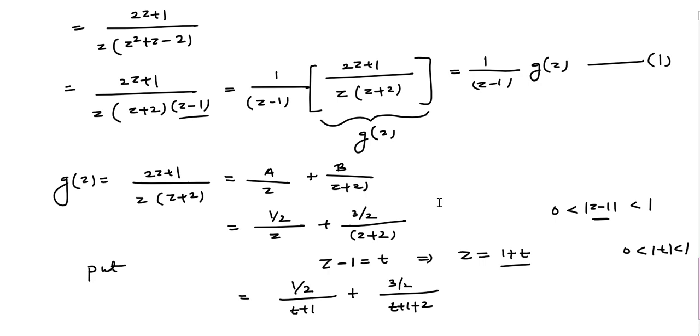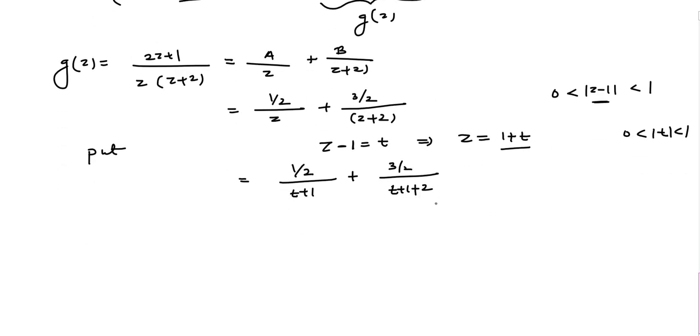Further simplifying, this is equal to 1 by 2 times 1 over (1 plus t), plus 3 by 2 times 1 over (t plus 3). So in this domain, if I take any value of t between 0 and 1, the mod of t will be less than 1.